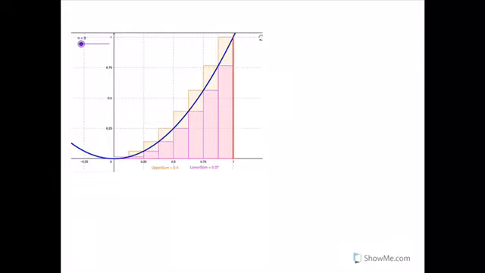But notice, if I look at the pink ones, and there's 8 of them, there's less error. It's still under predicting, but there's less under predicting. There's less area there that's making the estimate inaccurate. And when we over predict, when we do the upper sums, there's also less error above the curve by having more rectangles.